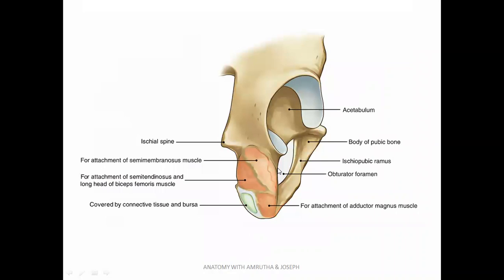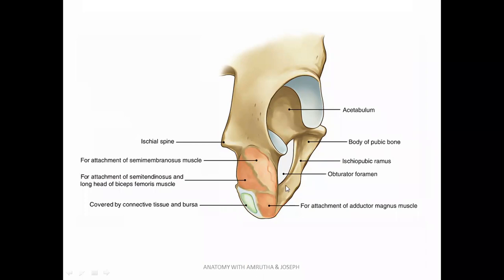Again, another view. This is more towards the posterior and lateral aspect. Again, the right hip bone is demonstrated here. The ischial spine, the greater sciatic notch, then the ischial spine, the lesser sciatic notch can be seen. Ischial tuberosity, well explained in this diagram. It has different parts, which I'm not explaining now.